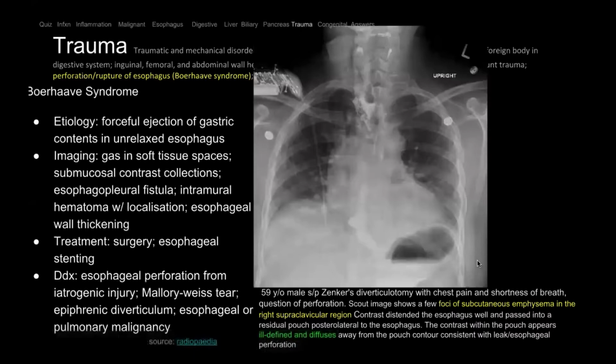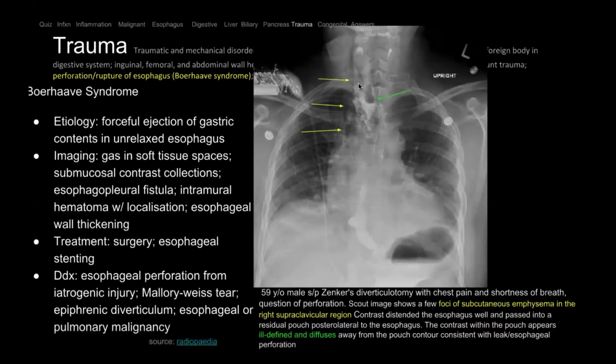Boerhaave syndrome is a condition when you have a perforation of the distal esophagus from forceful, increased pressure in an unrelaxed esophagus. So here we have contrast extravasation outside the normal esophagus, and then there's this lucency here tracking, which is from pneumomediastinum with air tracking into the mediastinum.